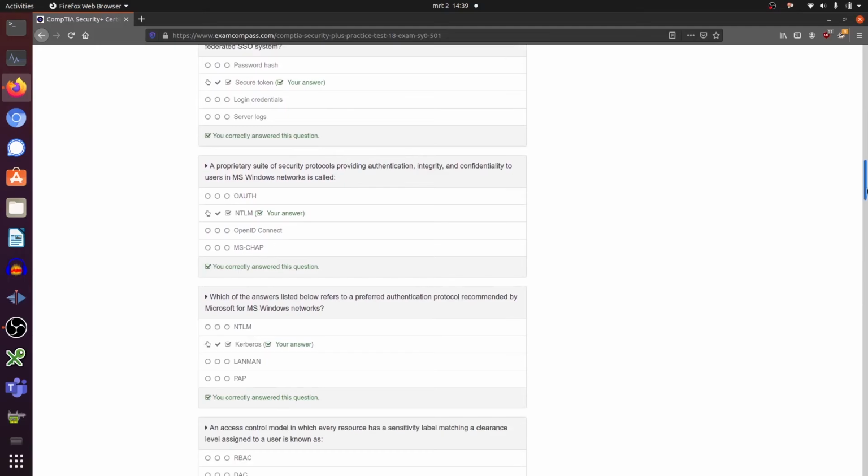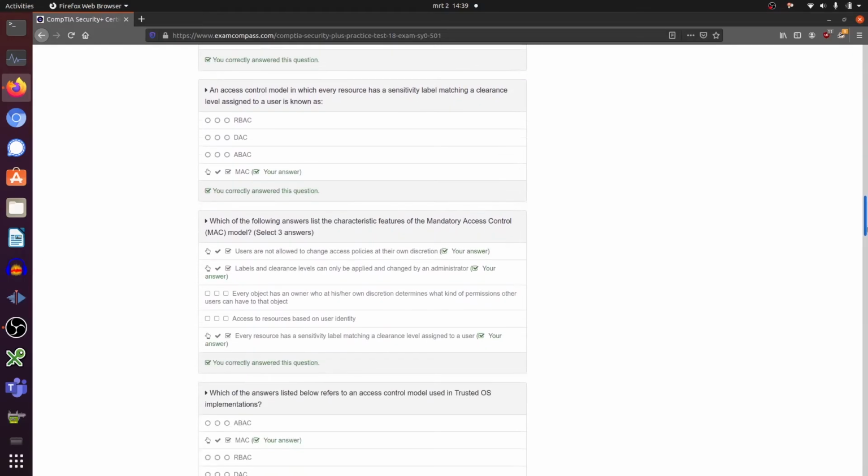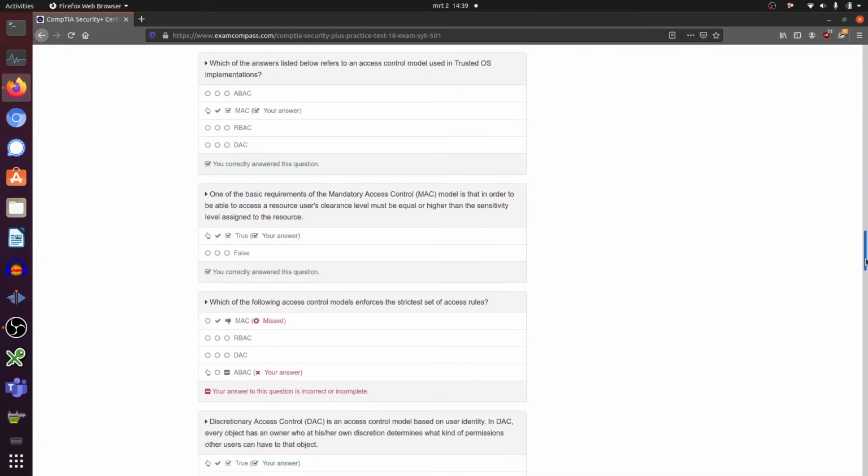Looking good. Which of the following access control models enforces the strictest set of access rules? MAC. Okay, so MAC has the strictest set of access rules.